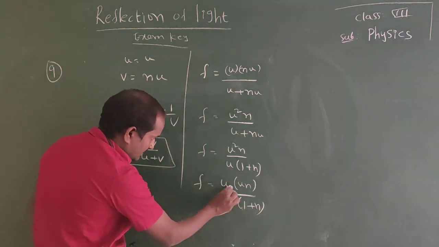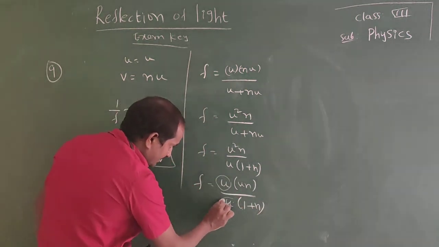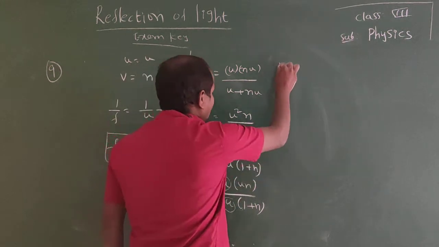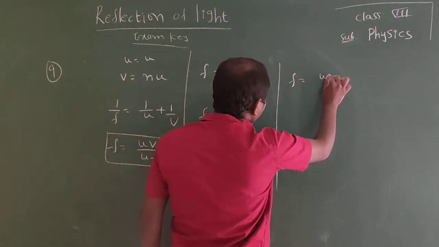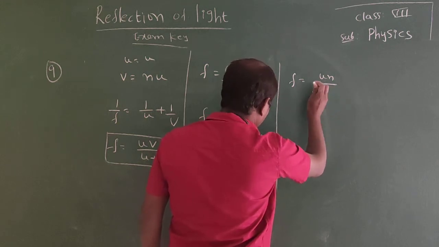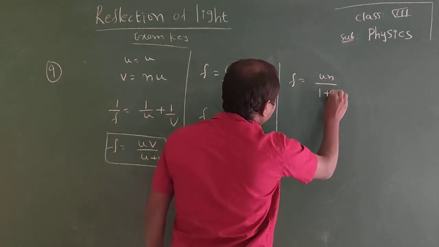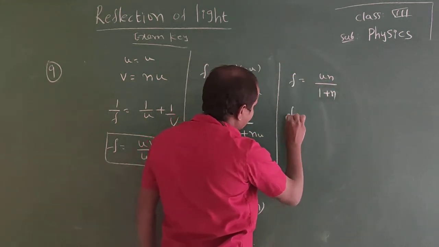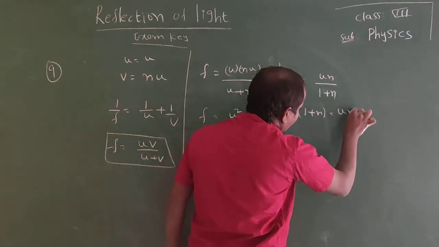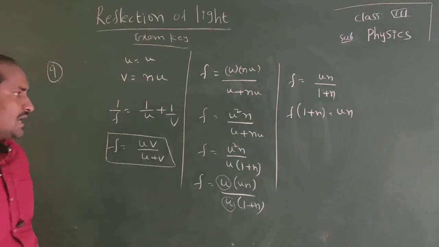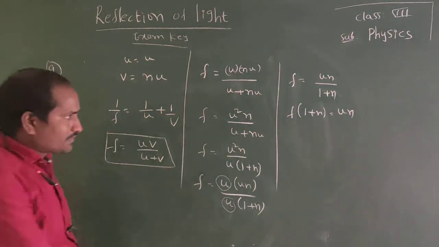So here u gets cancelled. The remaining value f equal to un by 1 plus n. Now I am doing cross multiplication: f into 1 plus n equal to un. Our aim is to find the object distance, that means we want the u value.